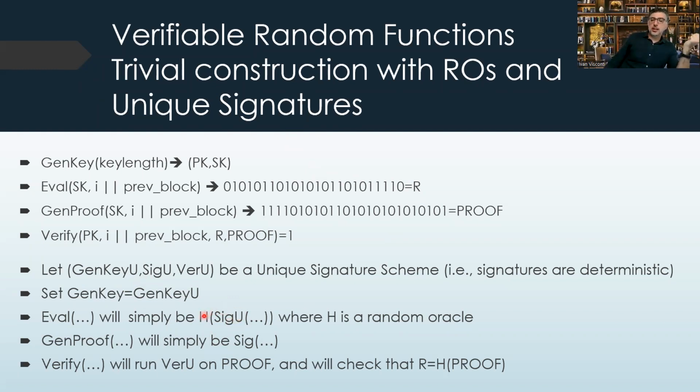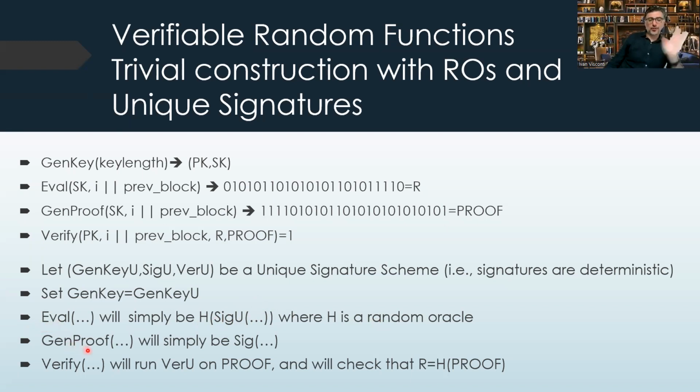Then I give the string as input to H, a hash function that we consider as a random oracle. Notice that nobody knows what the signature will be, because only the owner of the secret key can compute a signature. The signature might not be random, it might have several bits equal to 1 or 0, but I give it, something that nobody knew, as input to the random oracle. Now you get an output that is random. That's why this eval procedure works nicely.